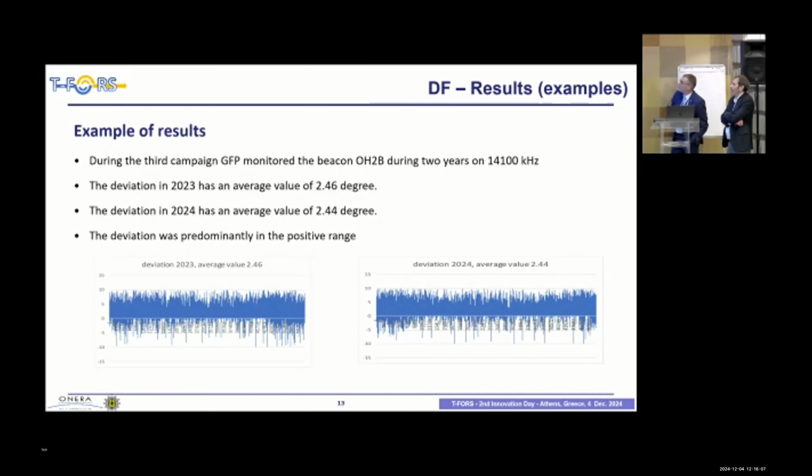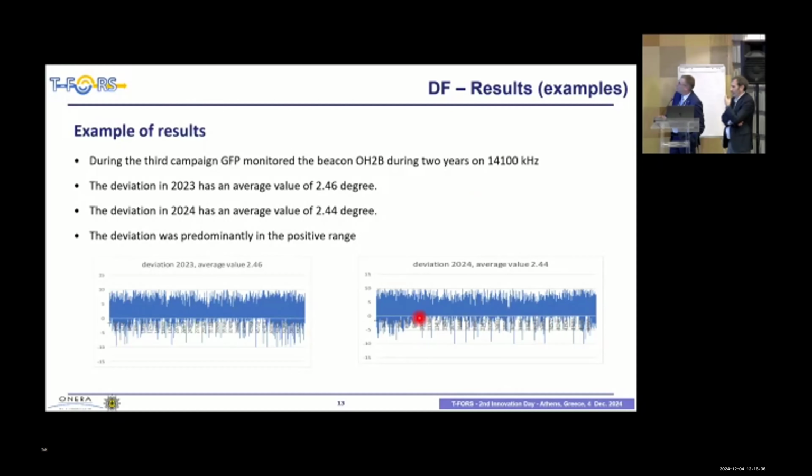Here you can see some examples of the results. On the right, you can see the results of 2023, and here the values of 2024 until October on the direction link to Helsinki on this frequency.